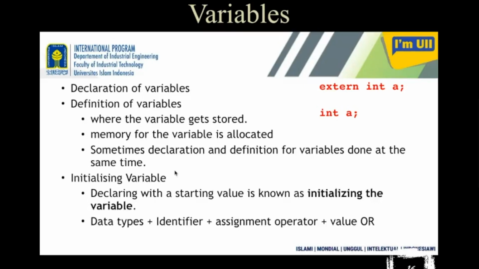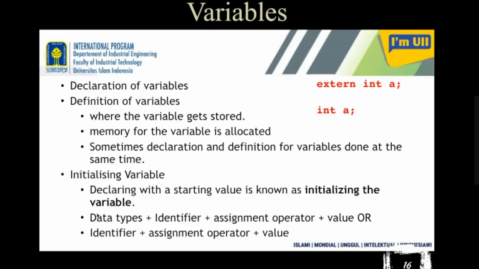When you are initializing a variable, you need a data type like this, an identifier like this, an assignment operator, by which you say to assign this value to this, and the corresponding value which you want to store. Or you don't need the data type, just the identifier, assignment operator, and value.